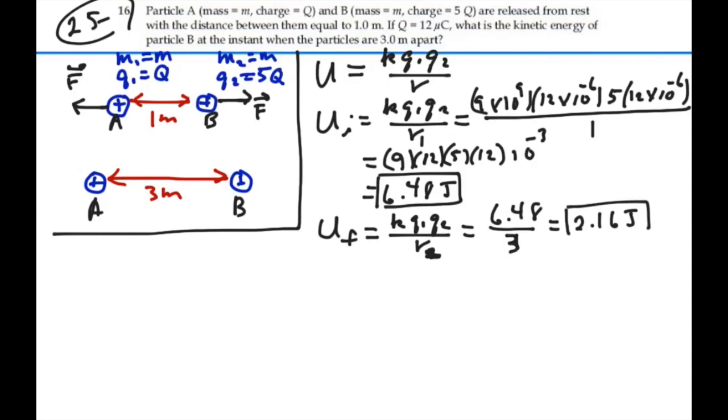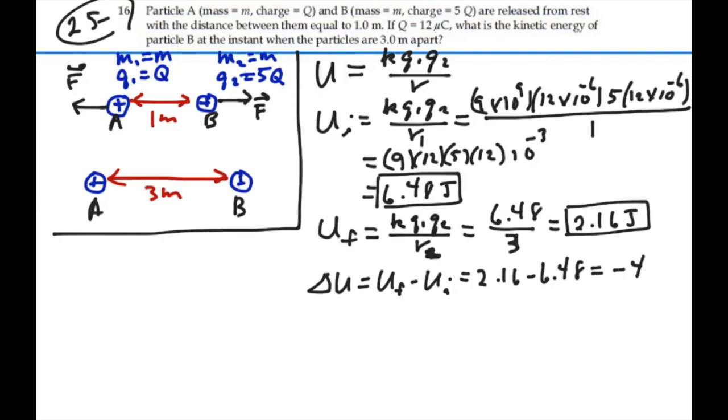So that'll be our final potential energy. So our change in potential energy, which is our final minus our initial, is going to be 2.16 minus 6.48, and that's going to be a negative 4.32 joules. All right, nice to know. I've always wanted to know that.